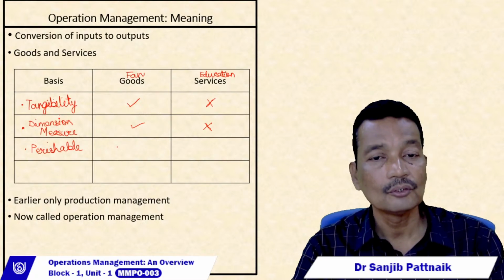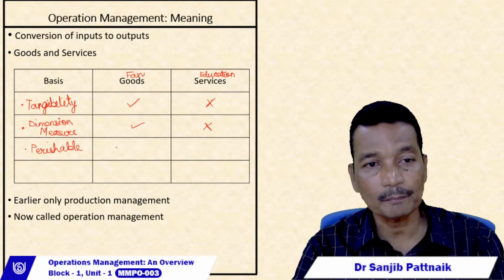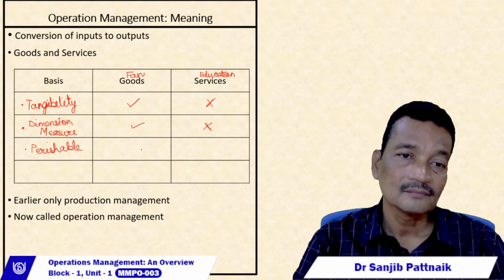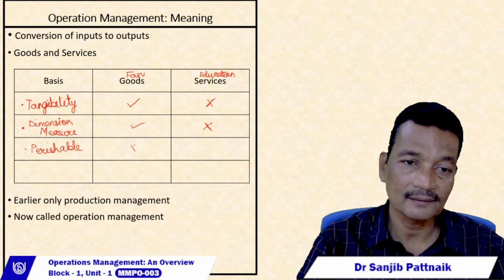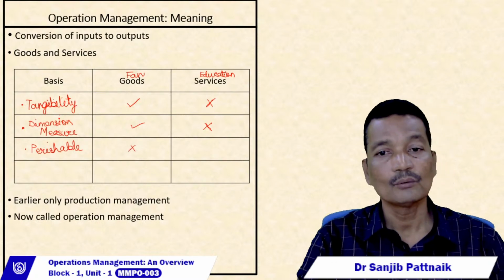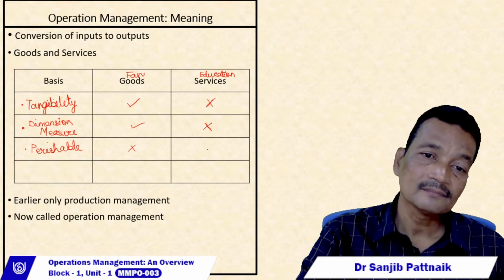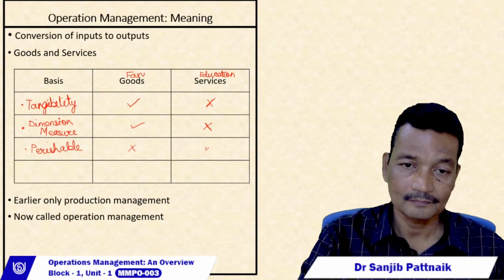So, when we are talking of perishability, goods such as a fan are not perishable. We can keep it, whereas services are perishable.